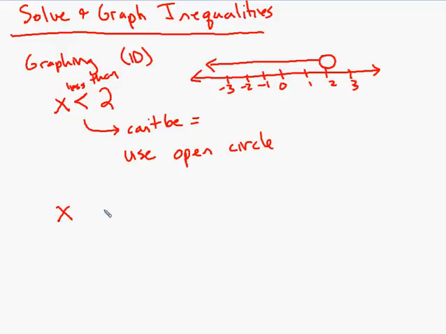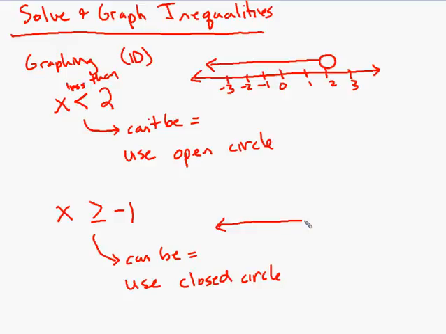If I wanted to graph x is greater than or equal to, say, -1. This time, yes, it can be equal, so we'll use a closed circle. So we start our number line.